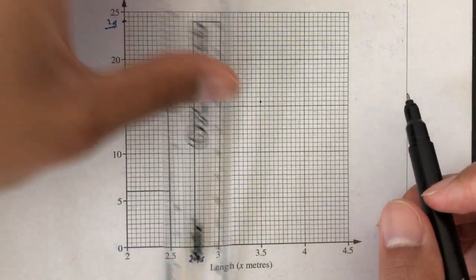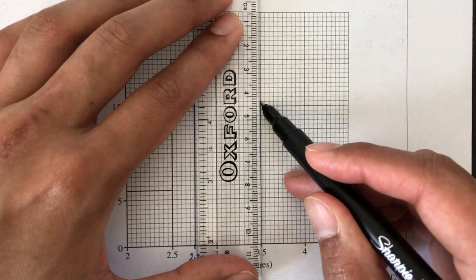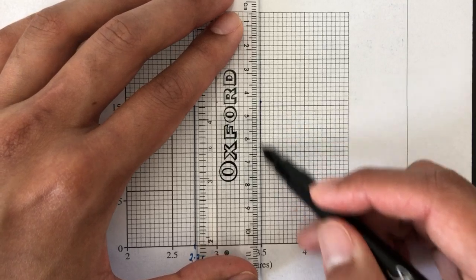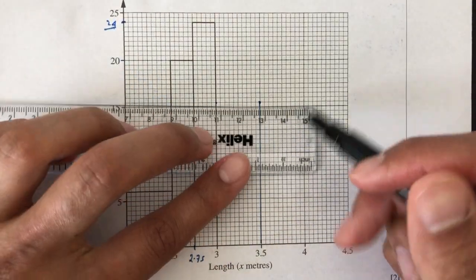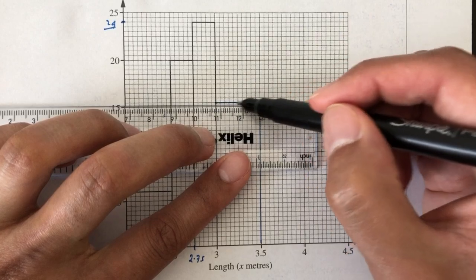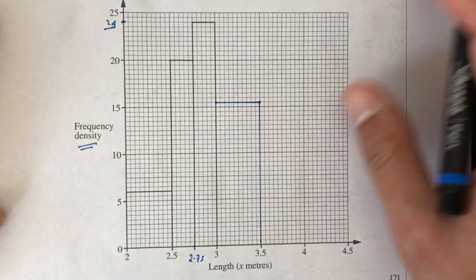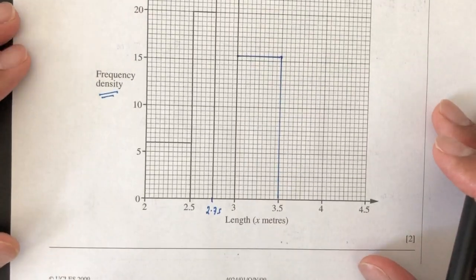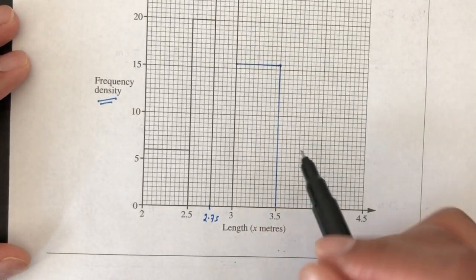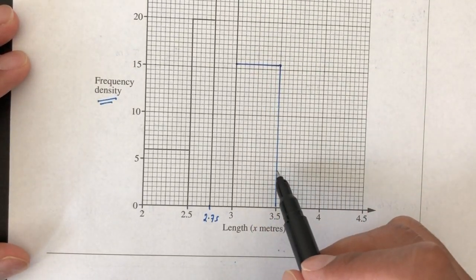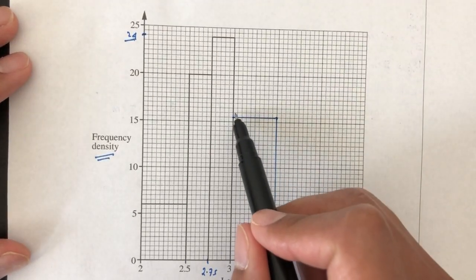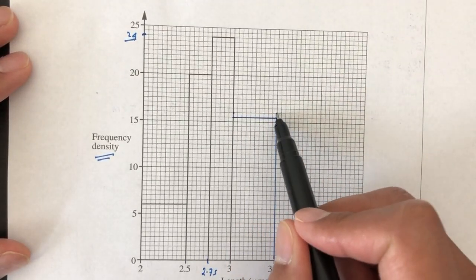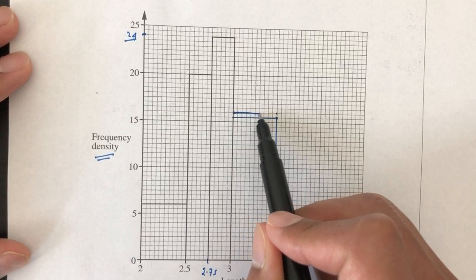So let's join them. And then for the last one, 3.5 to 4.5 will be 4. So for the last class will be value 4 will be, okay, this is a mistake here. 16 is actually here because 2 squares 1. So this was actually 16.